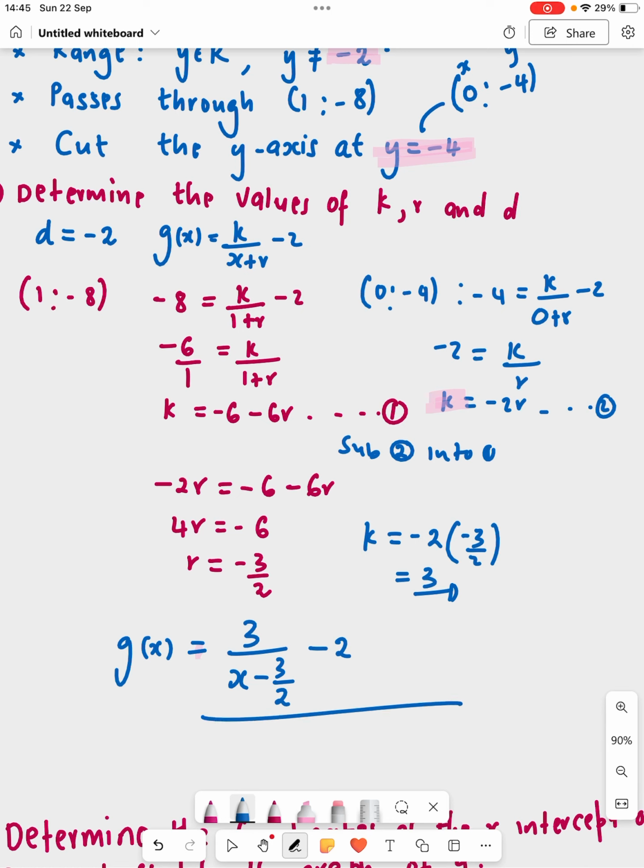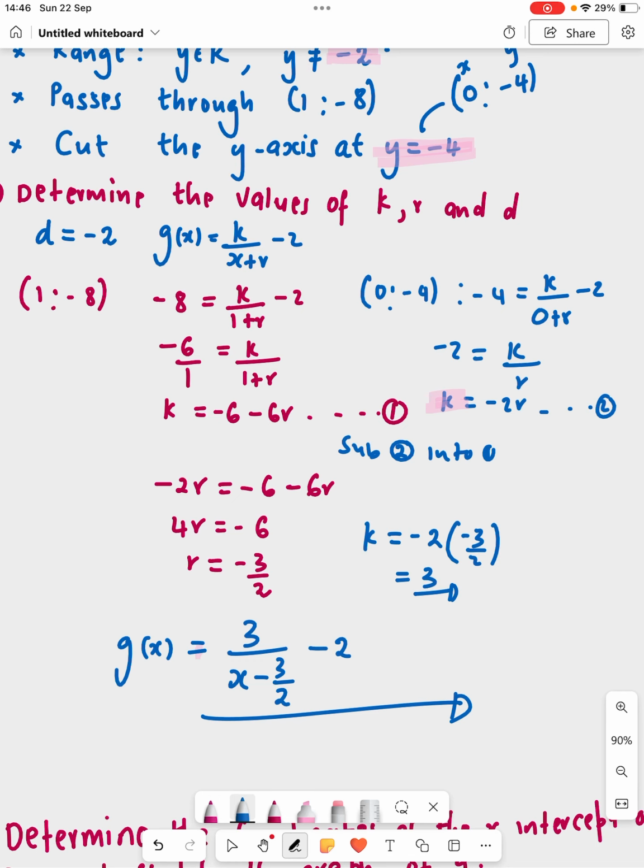So that is our g of x. So this question in the exam went around 6 marks. So you must be able to find values of k, r, and d.